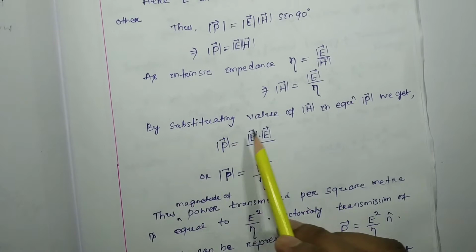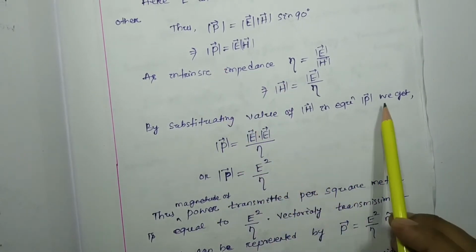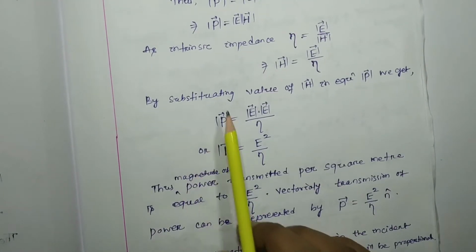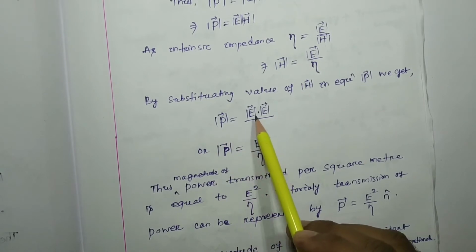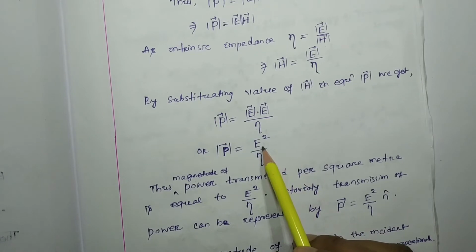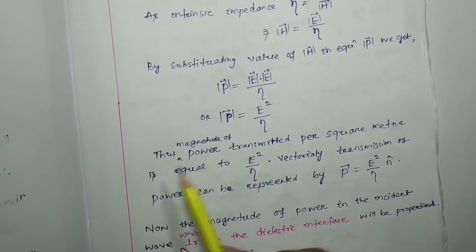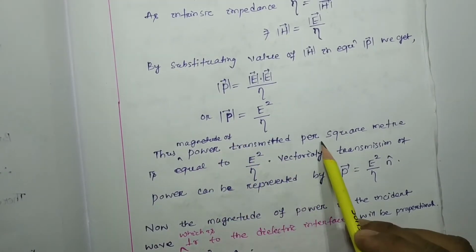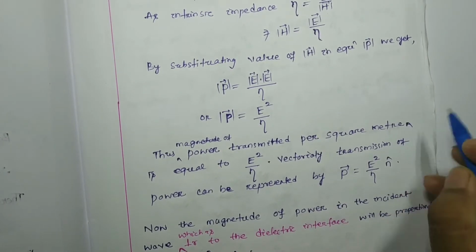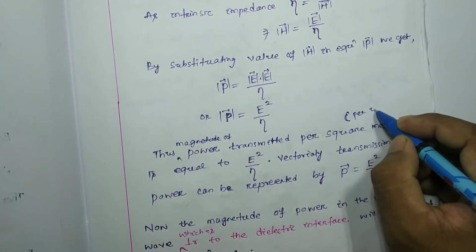By substituting the value of H in the equation for P mod over here, we get the magnitude of power equal to E modulus into E modulus by eta, or we can write E square by eta. Thus the magnitude of power transmitted per square meter, in brackets you can write per unit area.